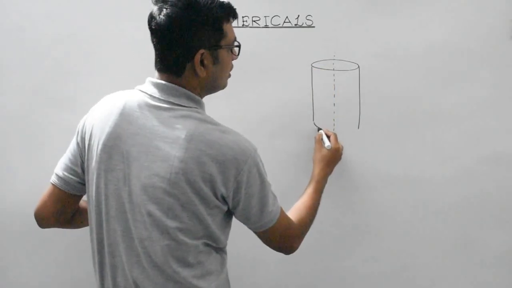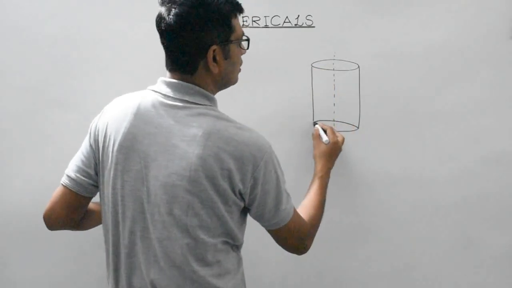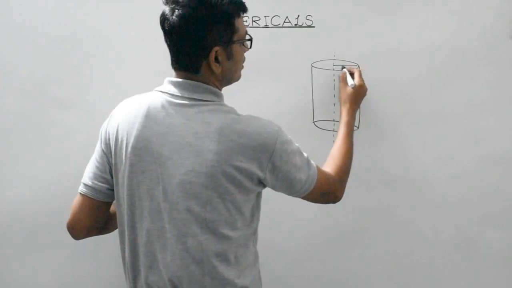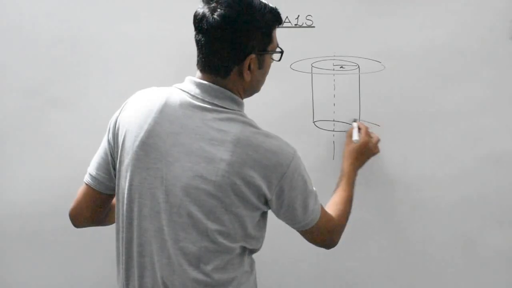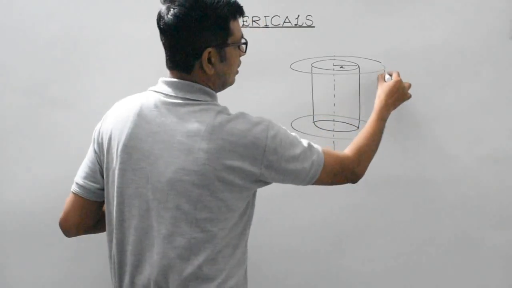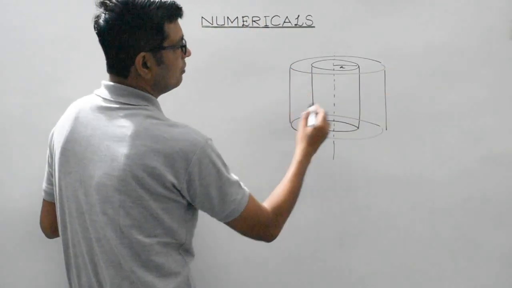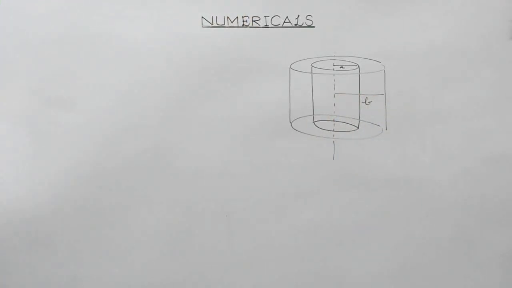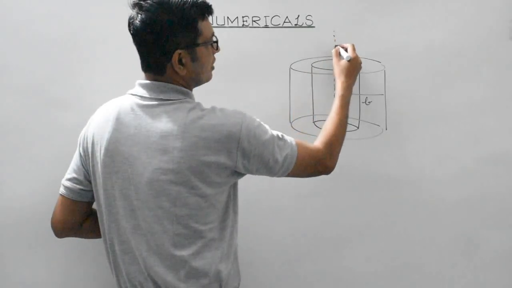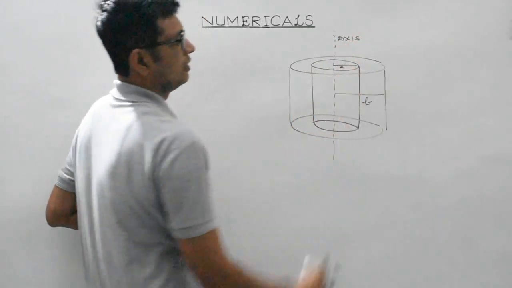This is the inner cylinder, say of radius A, and this is the outer cylindrical shell having the same common axis but of radius B. Suppose the conductor is in this form and this is the common axis.